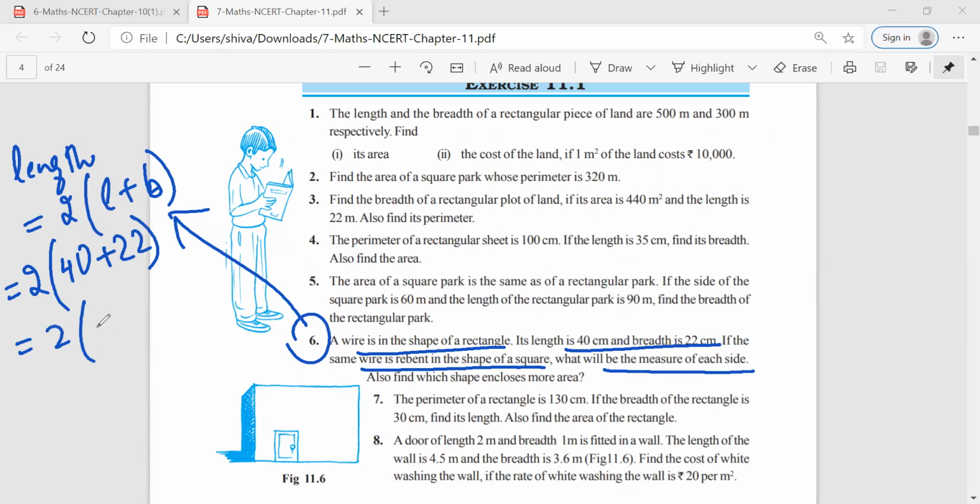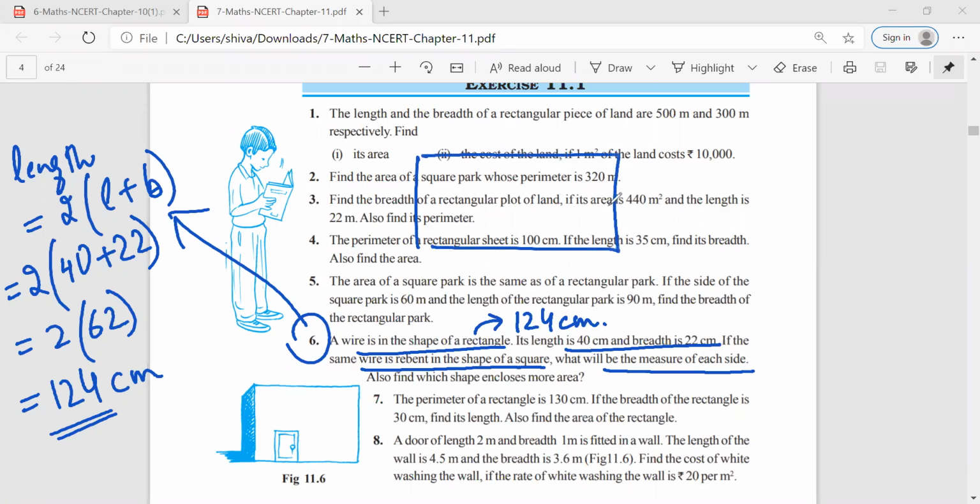See, this would be the perimeter of the rectangle. Any doubt here? No, sir. Okay. So the same wire is rebent in the shape of a square. Now this rectangle is bent into a square.